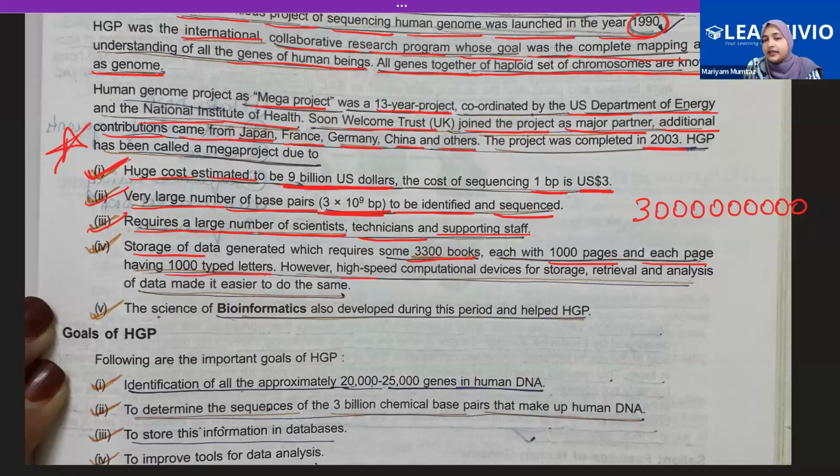However, high-speed computational devices for storage, retrieval and analysis made it easier. The 4th point. And the last, the science of bioinformatics also developed during this period and it helped the Human Genome Project. So because of all of these reasons, the Human Genome Project is called a mega project.